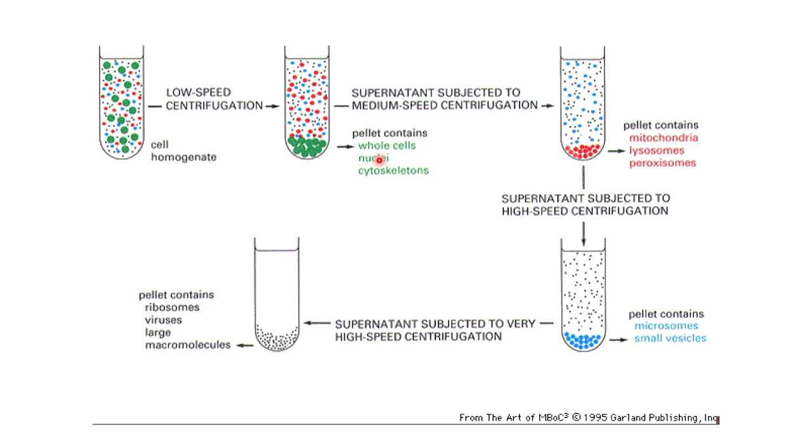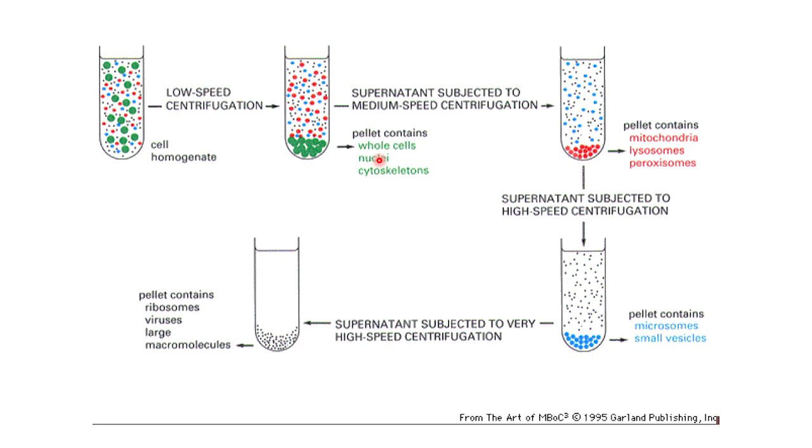Now in the last stage, when the supernatant is subjected to a very high speed centrifugation, your pellet will contain the ribosomes, and then some viruses or the larger macromolecules.